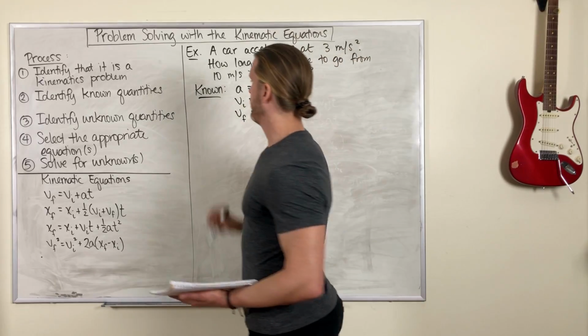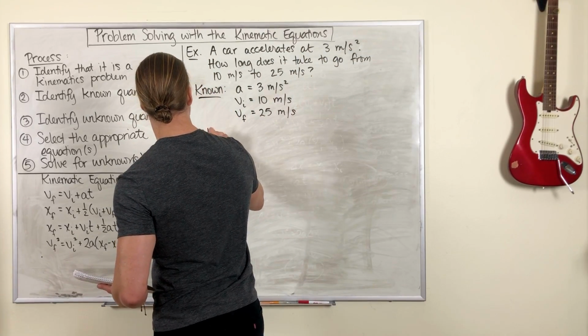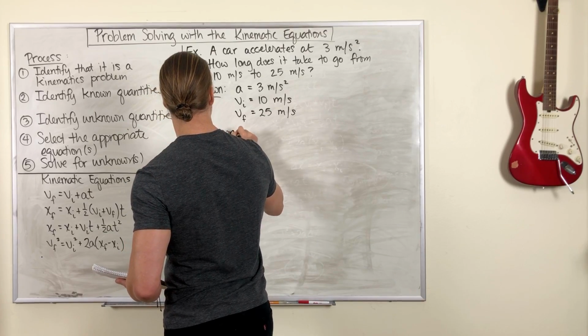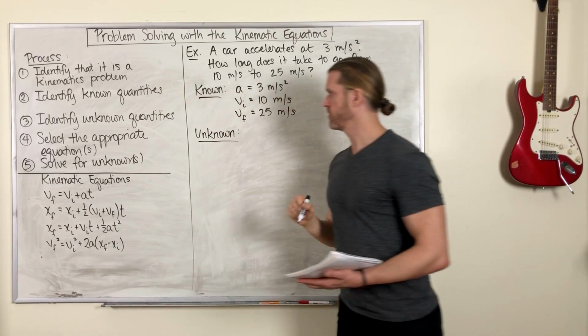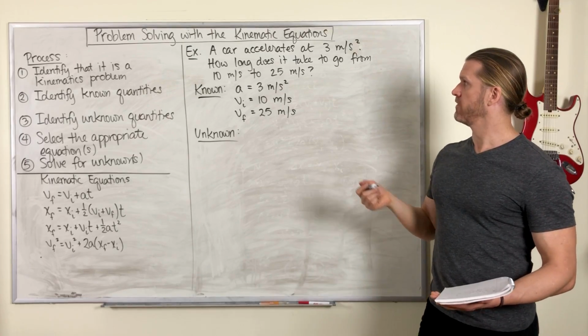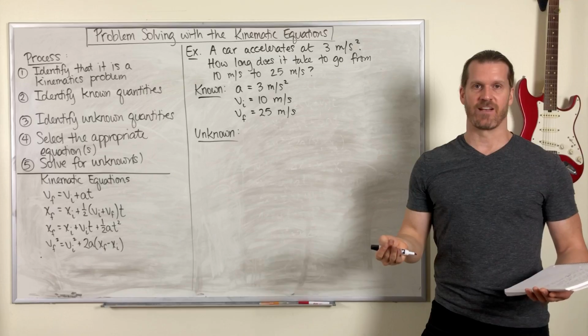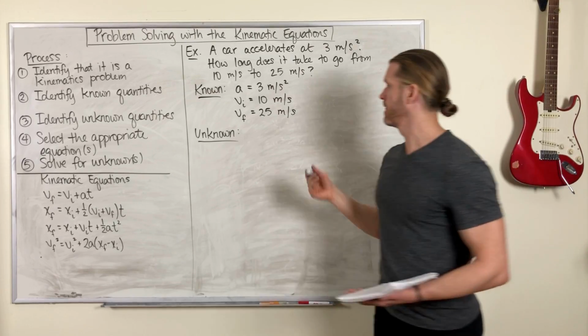So now let's identify the unknown quantities, what we're trying to solve for. Well, the important unknown in this problem is the time. When we say how long does it take, that's another way of asking what is the time.